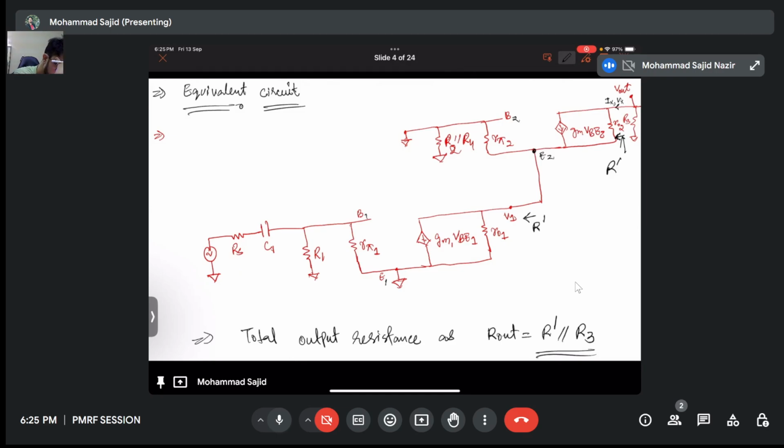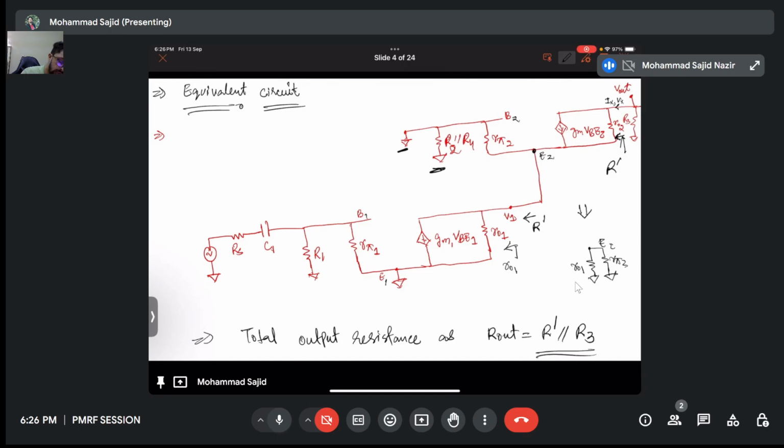Alright. Let's just again understand this. Okay. So if I just quickly draw here for E2, this is E2 terminal and this is r01. Since this is grounded, and we have left with rπ2, so this will have a resistance of rπ2. So the total resistance here, because this is the output resistance point, this transistor is here r01.